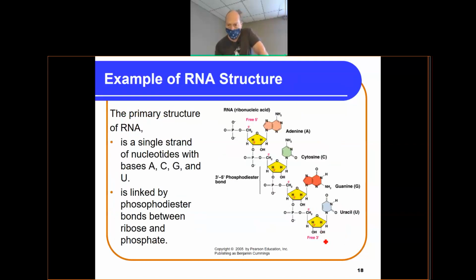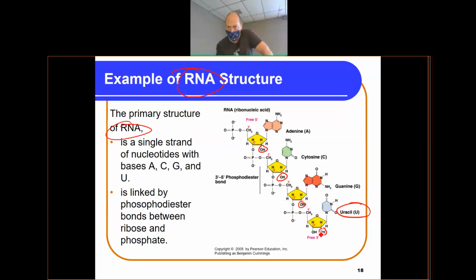All right, so this, of course, you have the OH here, so this is a strand of RNA. And of course, you would know that if you looked at the very front and said RNA, or right here where it says RNA, or here where it says uracil. All right, so lots of reasons to know that this is RNA.